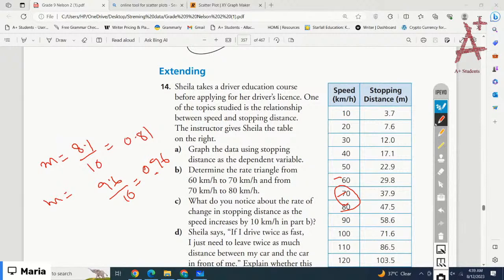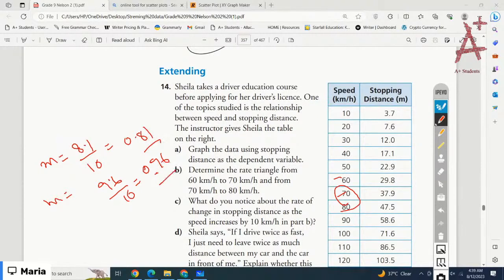Okay, what do you notice about the rate of change in stopping distance as the speed increases by 10 kilometers in part B? That means if the speed is increasing by 10 kilometers in part B, the change in stopping distance also increases. You can see from 60 to 70 it is 0.81 and then it is 0.96, right?